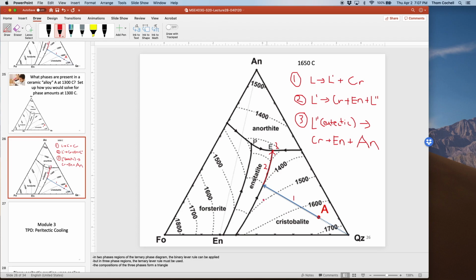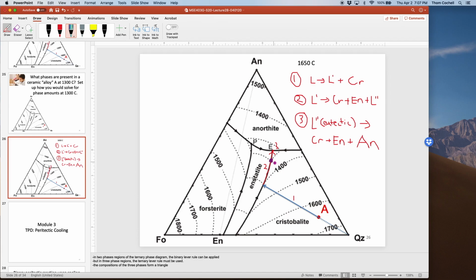So now we're looking for what happens at 1300, and so again 1400, and then the next time we see it, it should be 1300. So basically right at that point, right? This is 1300.